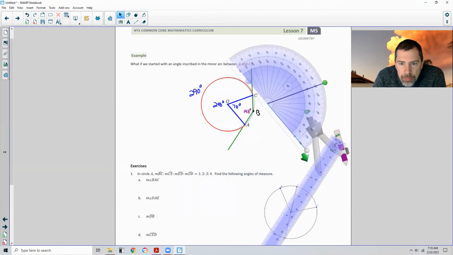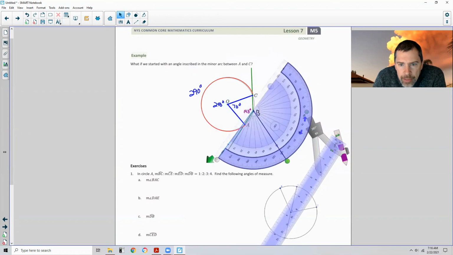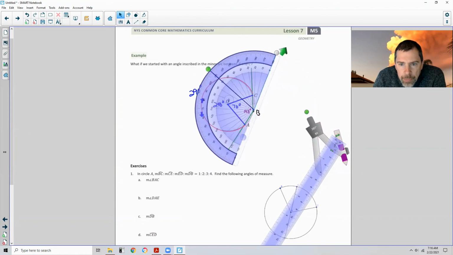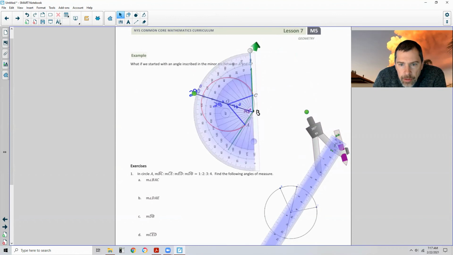So then I'm going to put the crosshairs of my protractor right on B, like so. Rotate it around so that I want my 0 line right on C. All right, crosshairs right at B. Try to be really accurate and rotate so that that's right on 0 right there.